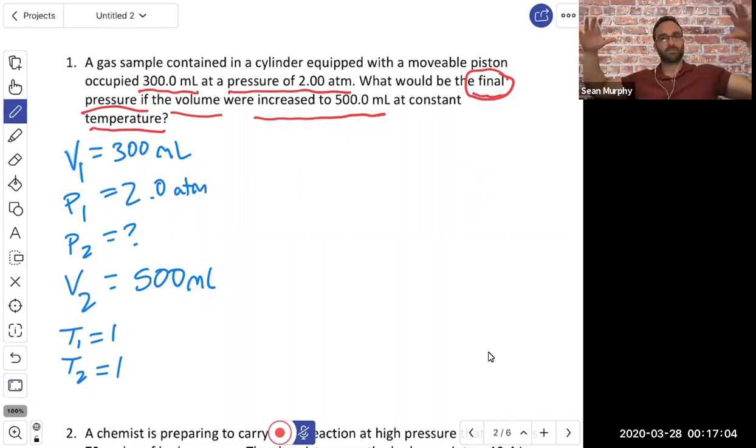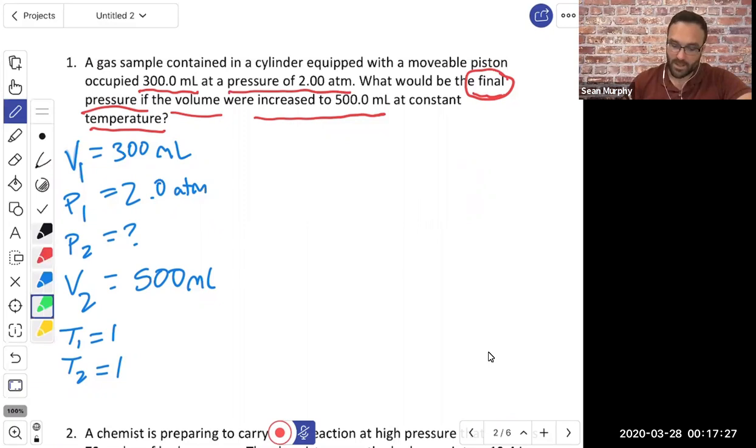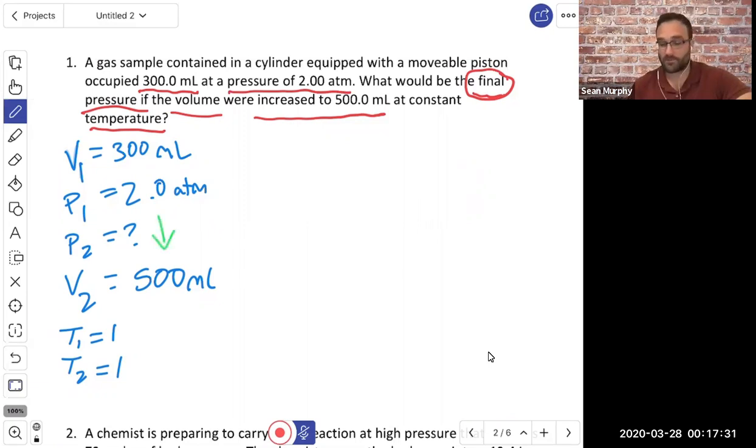And the temperature stays the same, meaning the average kinetic energy of all those little gas particles is staying relatively the same. Well, it's going to take longer for those gas particles to move from point A to point B and hit those container walls. So we should see a decrease in pressure. Let's see if our prediction is correct.